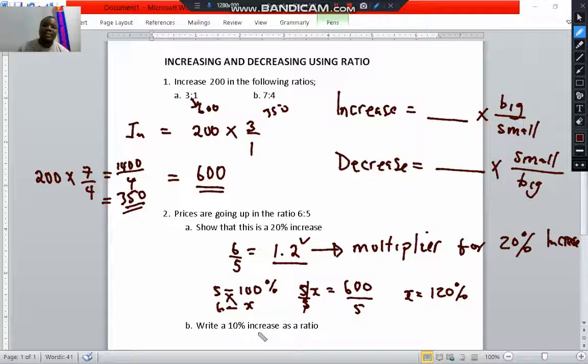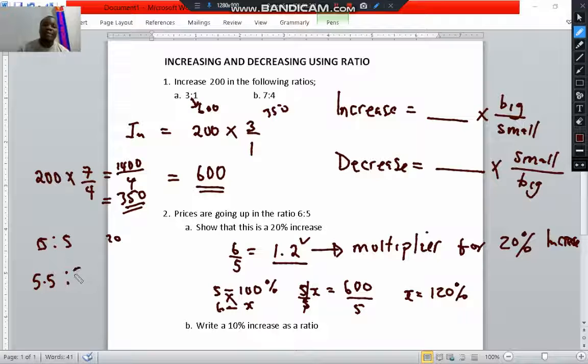Then there is this question which says write 10% increase as a ratio. We know from the first part, which is A, that 6 to 5 is 20%, which means that 0.5 is the one that is 10%. So 5.5 to 5 would be the increase.